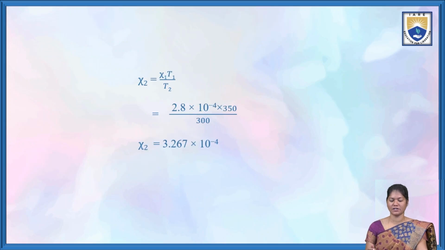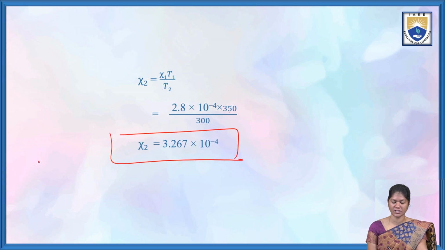Substituting the values, Chi1 is 2.8 into 10 power minus 4 at temperature T1 equal to 350. So 2.8 into 10 power minus 4 into 350 divided by 300. So the susceptibility at 300 degree Kelvin is equal to 3.267 into 10 power minus 4.